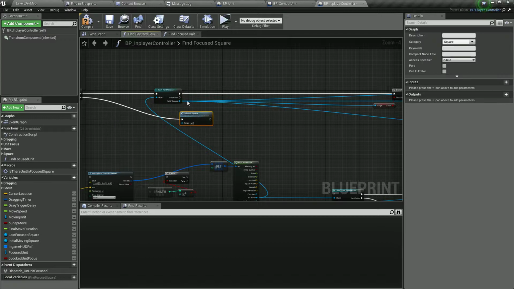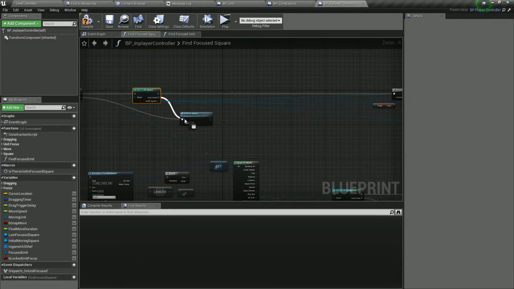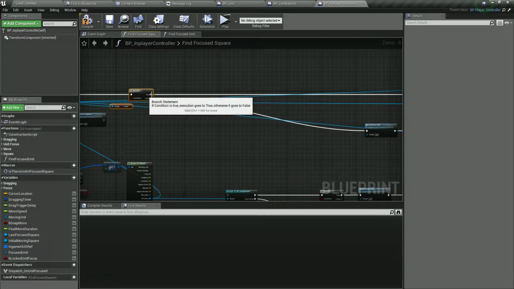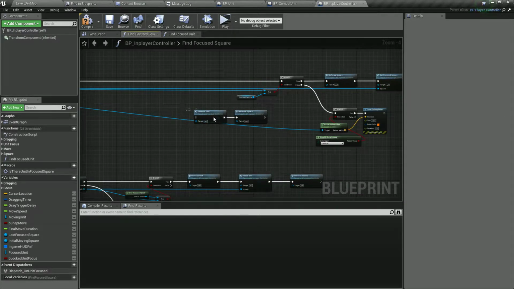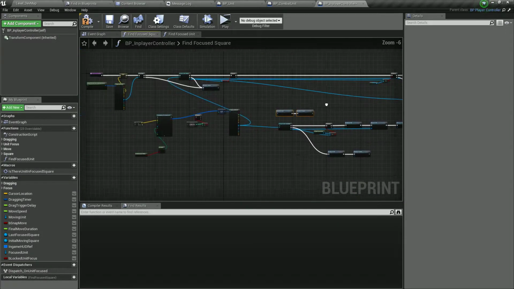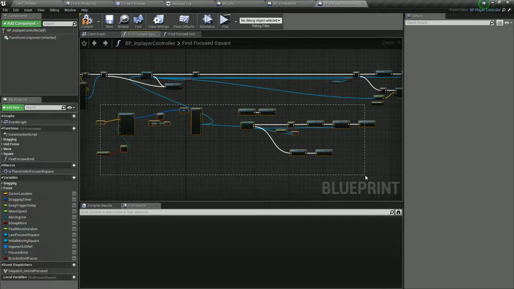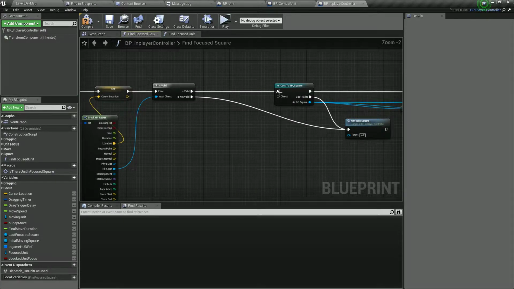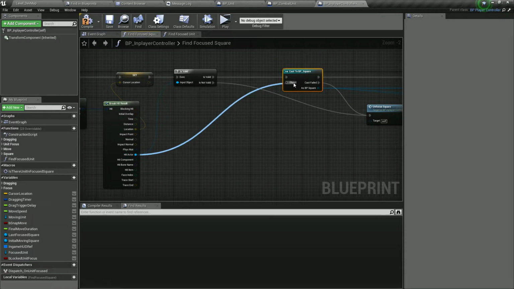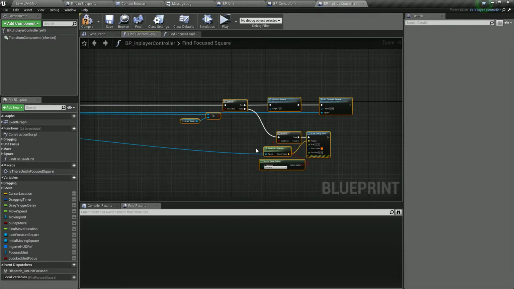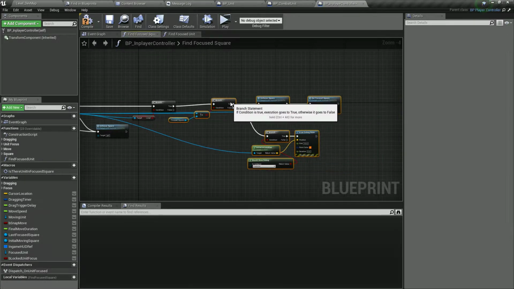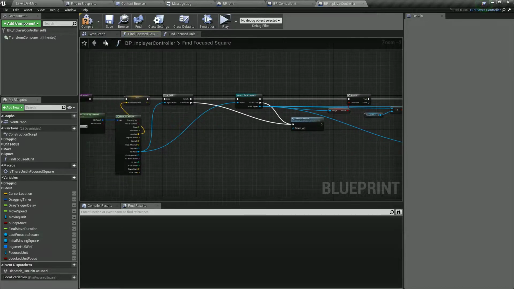Same goes if the square is not local. We're going to not focus the square, and we don't want that either, so we're going to grab that, get that, and we're going to cast this actor into a square.